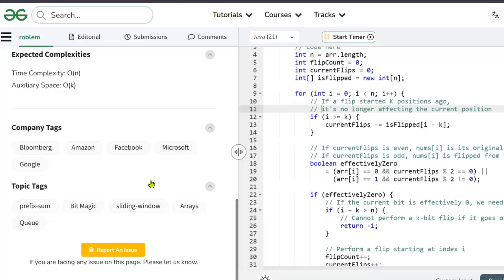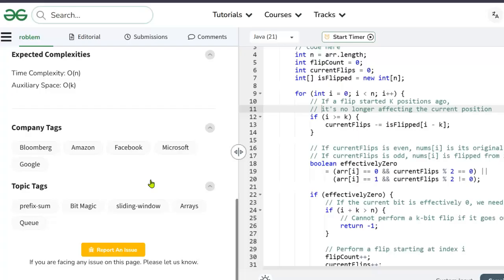Company tags. Okay, so looking at the companies here that ask this question. This is a hard question, but it's not like nobody would ask you this question, but if you're not interviewing at one of the most technically demanding companies in the world, you probably would not be asked this question.